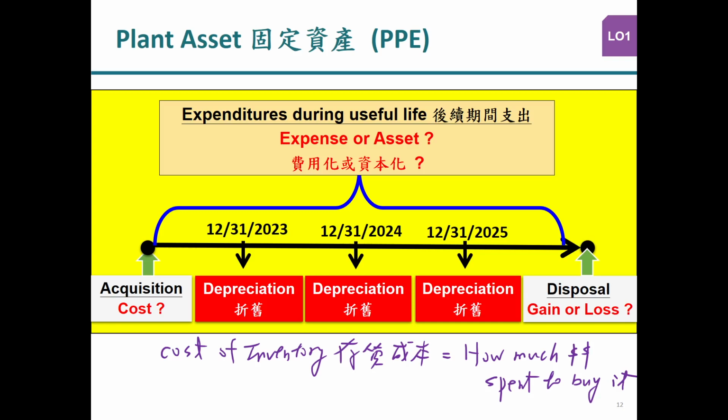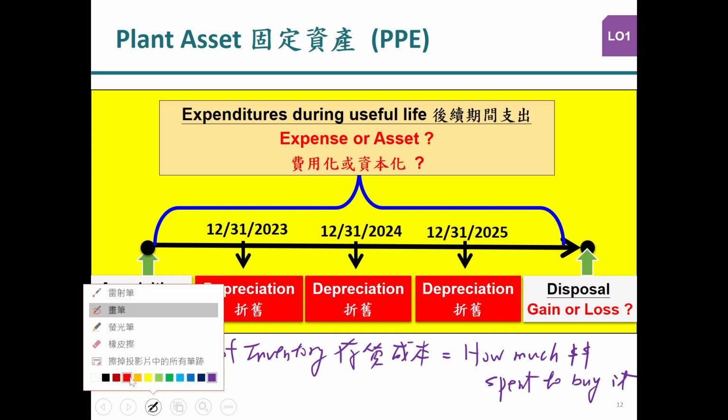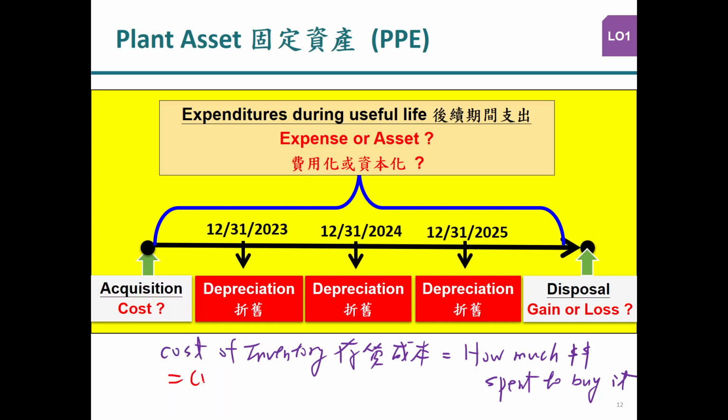Yeah, cost is 1 plus 2. Remember? So what's 1? Sabrina, what's 1? What's 2? 1 is purchase price, 2 is made ready for sale, right?